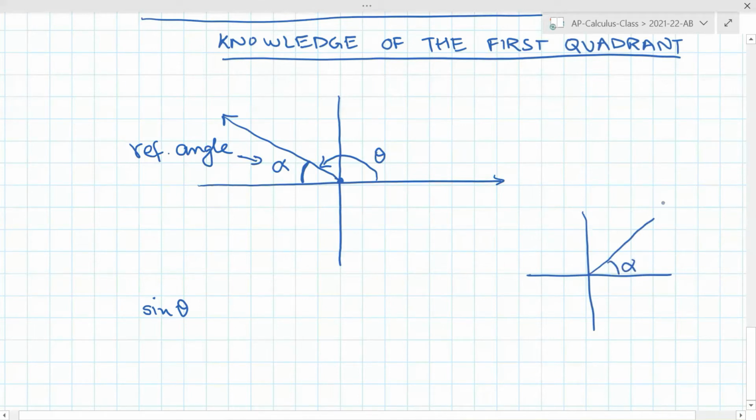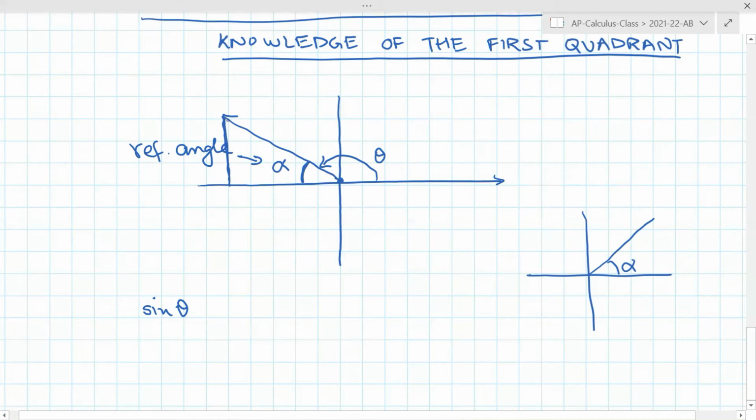So I want to write down sine theta in terms of the reference angle. So if you look at it, sine theta is this. Remember the unit circle, this would be sine theta, this length. Even in this triangle, it is the same.